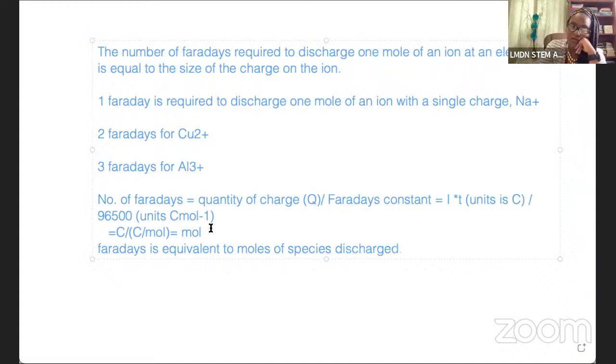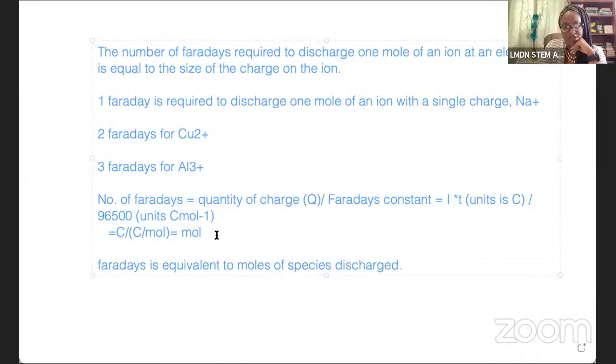And as we go through some examples, it will become clearer how these Faraday things come into play.